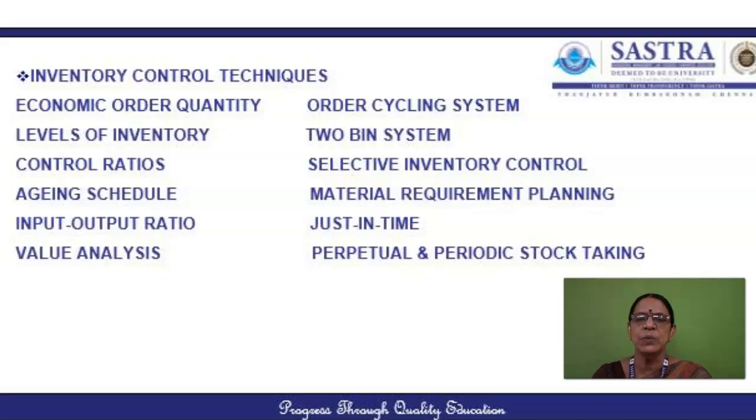Safety stock is equal to K into square root of D. K represents the value of constant which varies from 1 to 4 depending upon the degree of safety desired, which can be obtained from the statistical tables available for this purpose. D represents the average consumption during lead time. So safety stock is equal to K into square root of average consumption during lead time.